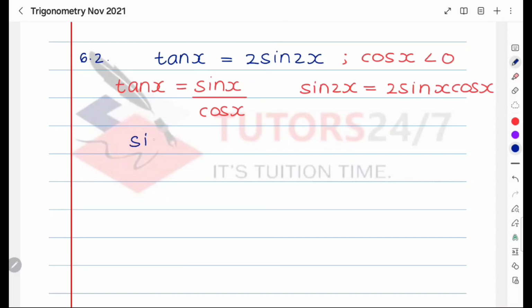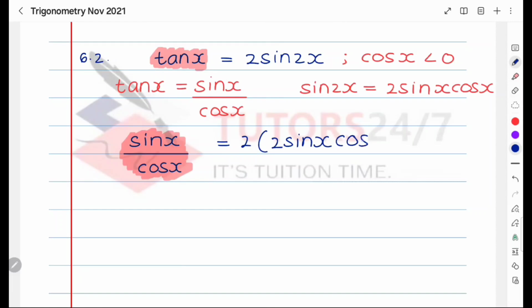Tan x is going to become sine x over cos x. So that is the left hand side. The right hand side, we bring down the 2, and in place of sine 2x, we're going to put its double angle formula.